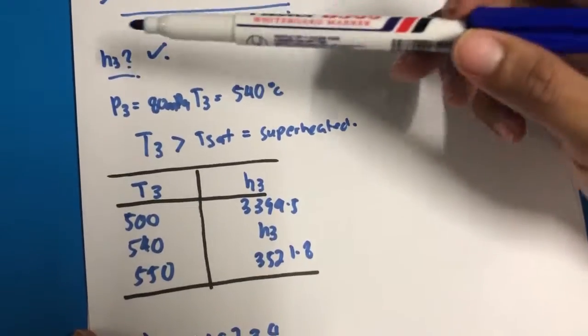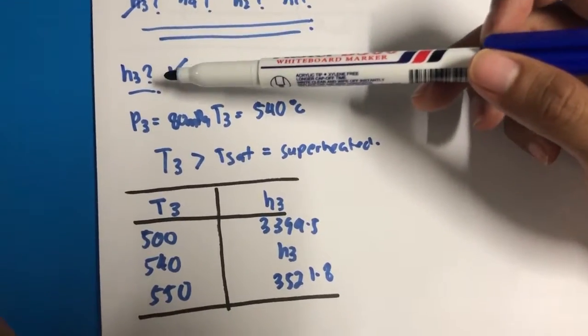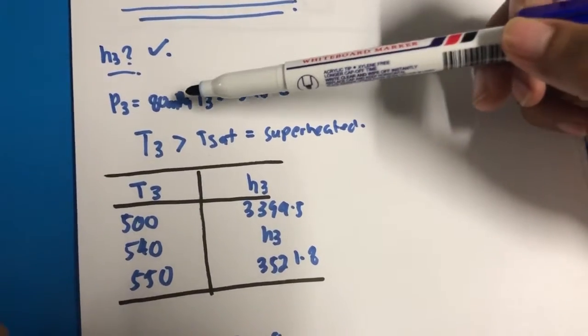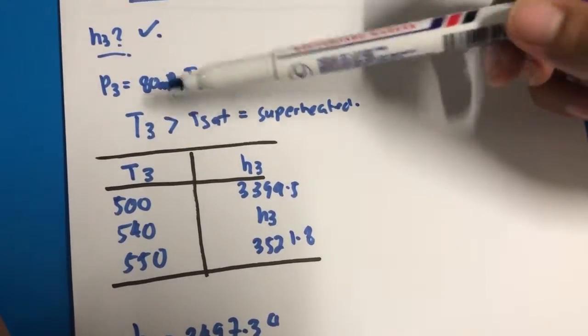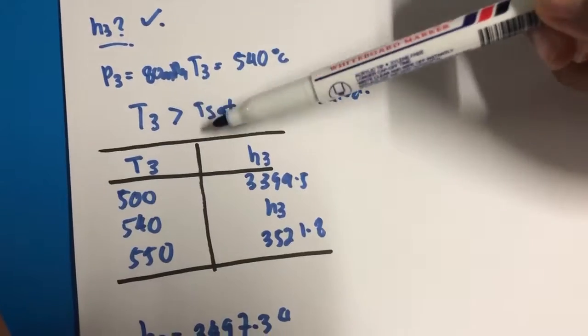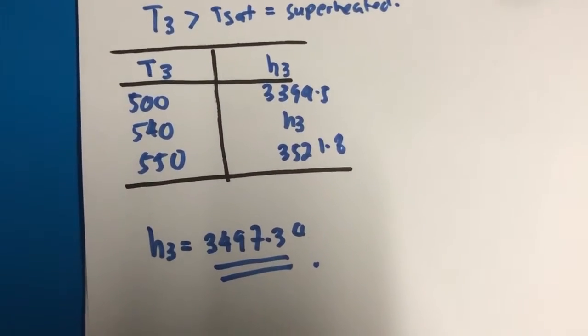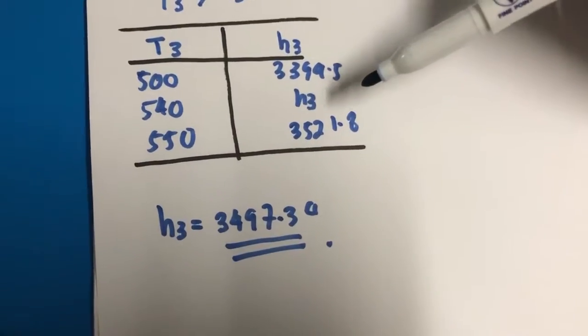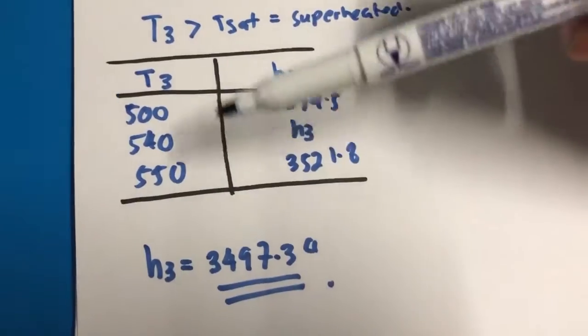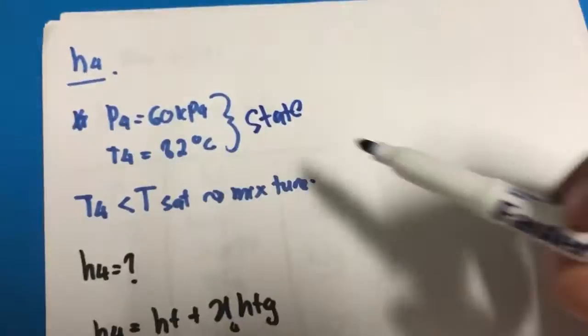First of all, we must calculate H3. P3 is given and T3 is given. T3 is greater than T sat, so it is superheated. From the superheated table we could not get H3 immediately, so we must do interpolation to get H3.